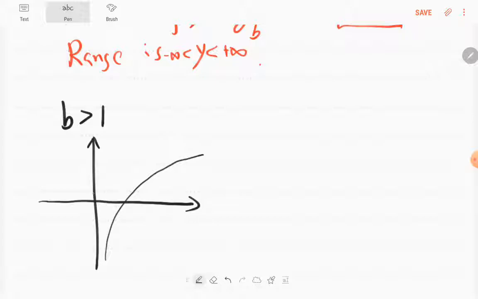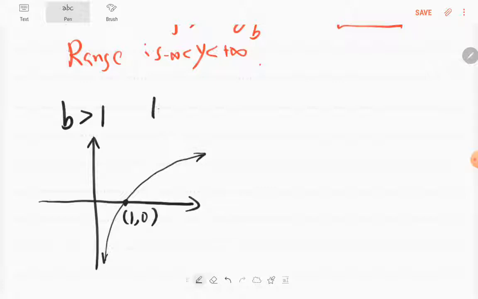The vertical asymptote is the y-axis, okay? We know the exponential function must go through the point (0, 1), so the logarithmic function must go through the point (1, 0), sorry, the point (1, 0).